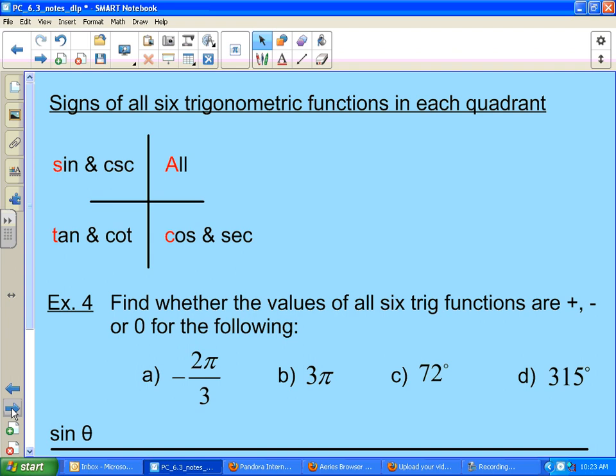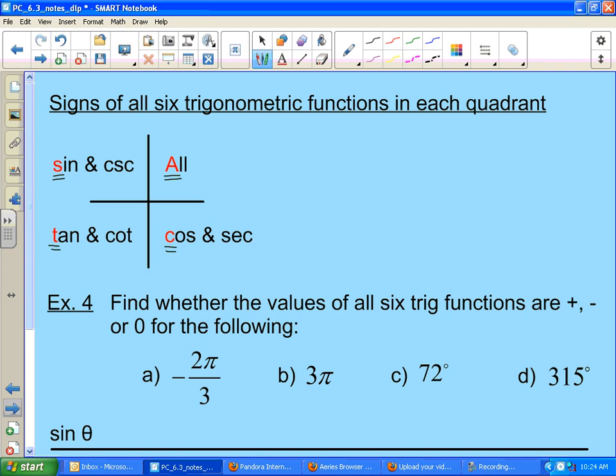All sine, cosine, tangent, cotangent, cosecant, and secant. And the reason we're highlighting these letters in red is because this acronym is what I use to remember the sign of each of these functions in their respective quadrants. So what's happening with sine, cosine, tangent, cotangent, secant, cosecant in quadrant 1?